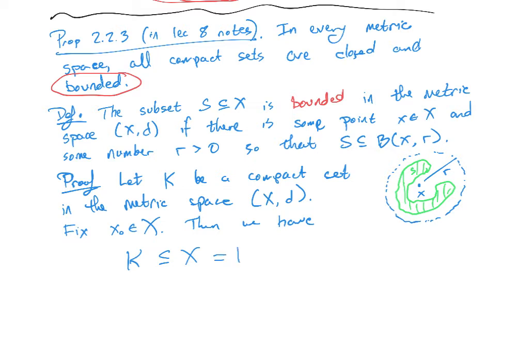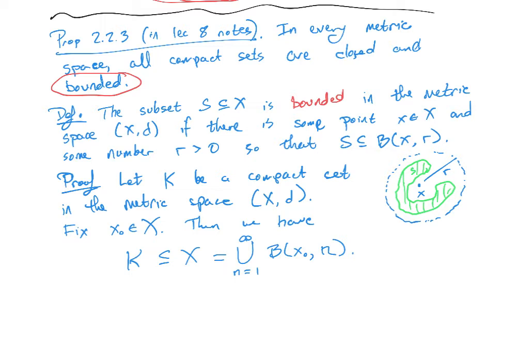But then we can write X as the union from n equals 1 to infinity of the ball centered at x naught of radius n. Why is that?